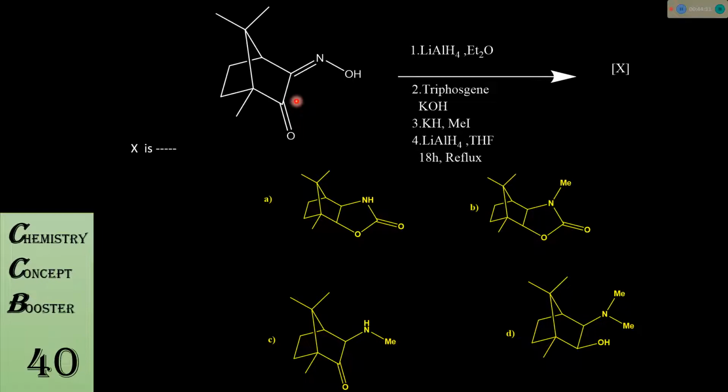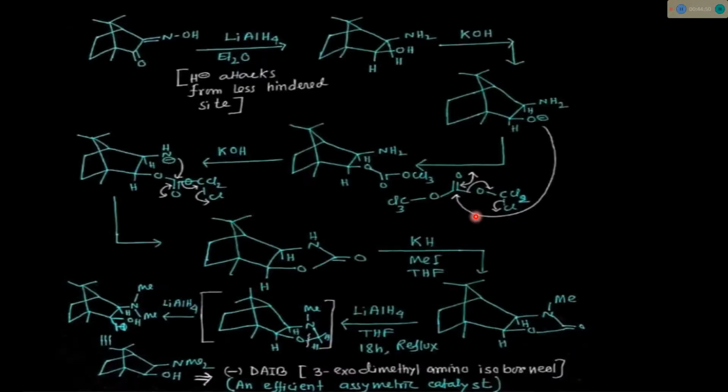I forgot the name of this molecule. And a hydroxyl group is there. So these are the reagents: lithium aluminum hydride in ether, triphosgene, KOH, methyl iodide, lithium aluminum hydride. So yeah, these are the options. Let's discuss the mechanism in detail.